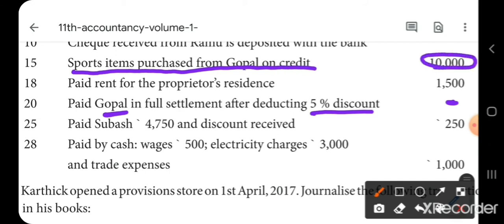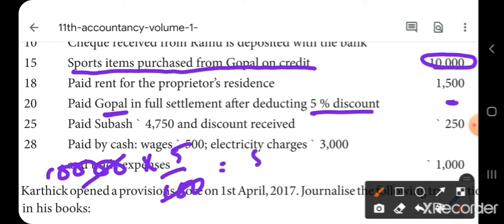Out of that 10,000, you should allow 5% discount. That means 500 is the discount. You have purchased goods from Gopal for 10,000 and you are making the payment to Gopal on 20th, after allowing him discount of 5%, and they say it is full settlement.